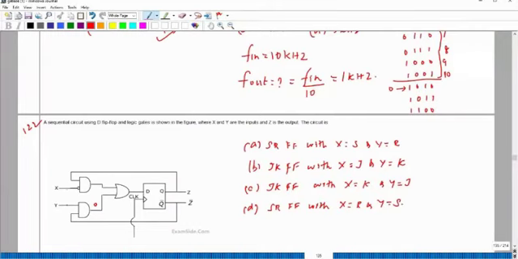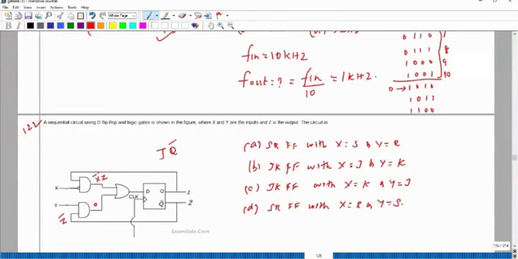So this is the bar, and this is X bar. So usually in the J flip-flops, you can see J is connected to Q bar.